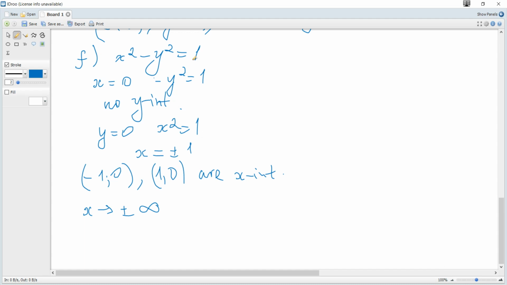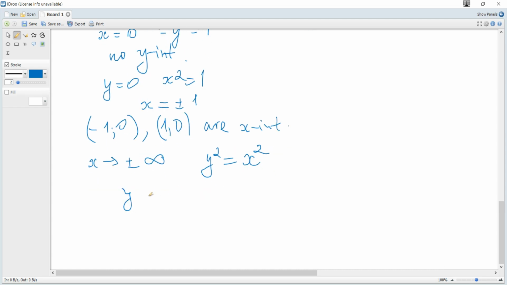It will be negligible. So when x is very large, it acts like y squared is x squared, and hence y is plus minus x.